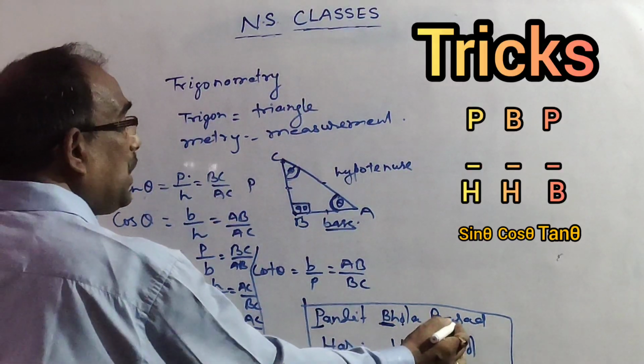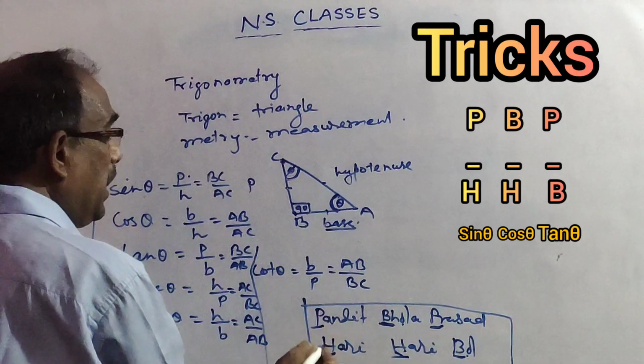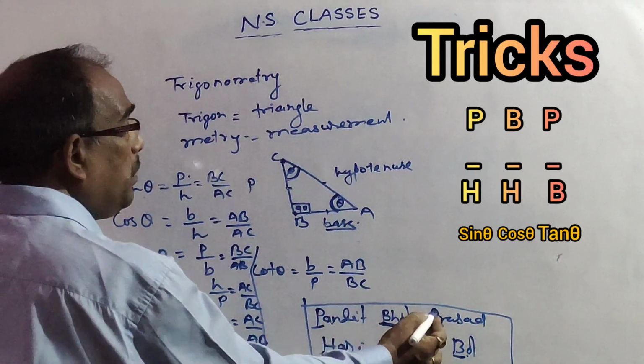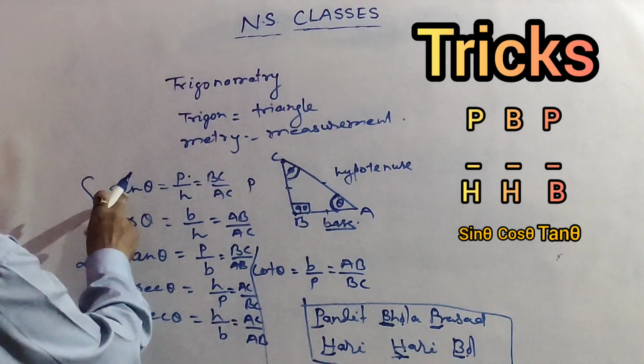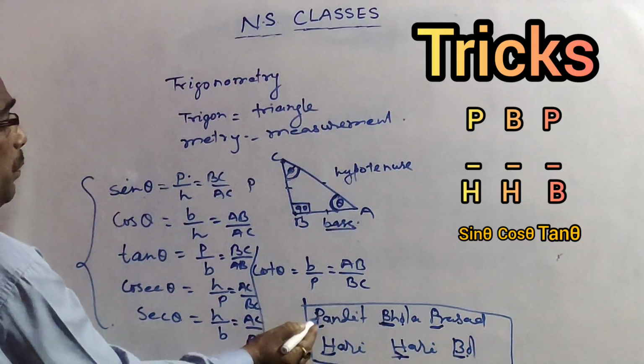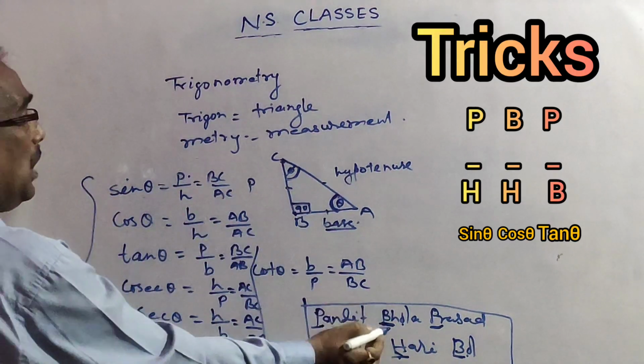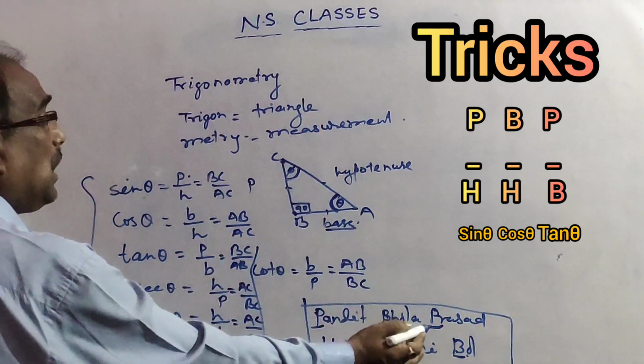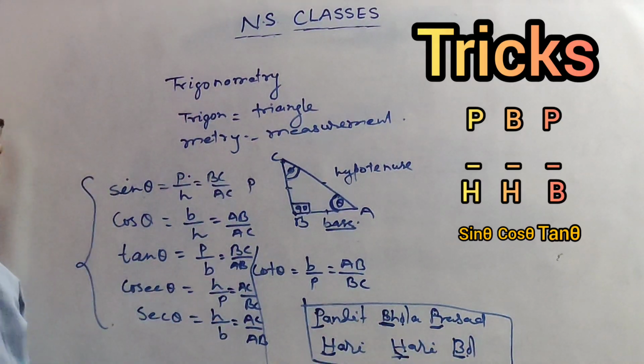Pandit Bhola Prasad Hari Hari Bol: P by H, B by H, P by B. Sin theta is equal to P by H, cos theta is equal to B by H, tan theta is equal to P by B.